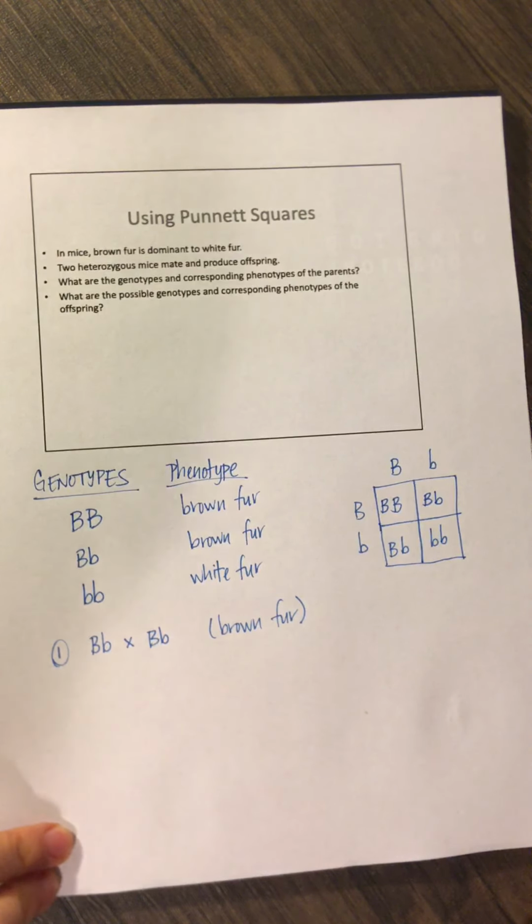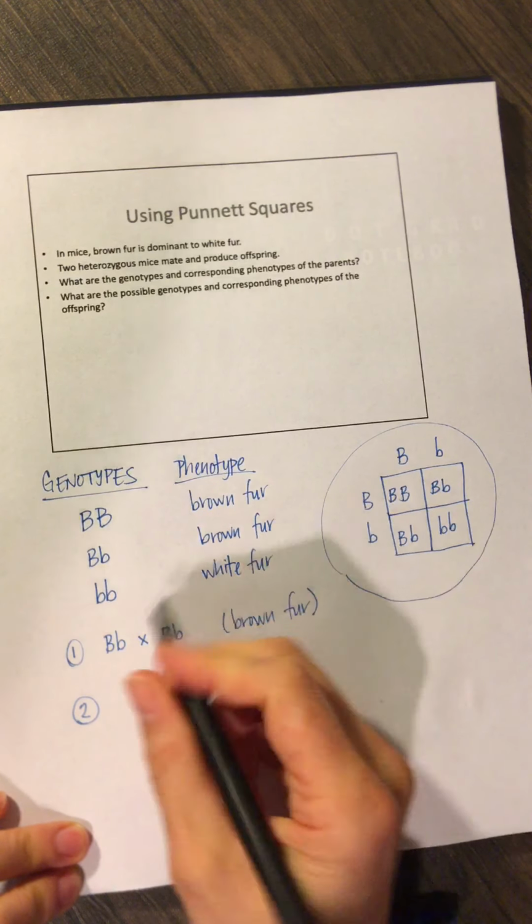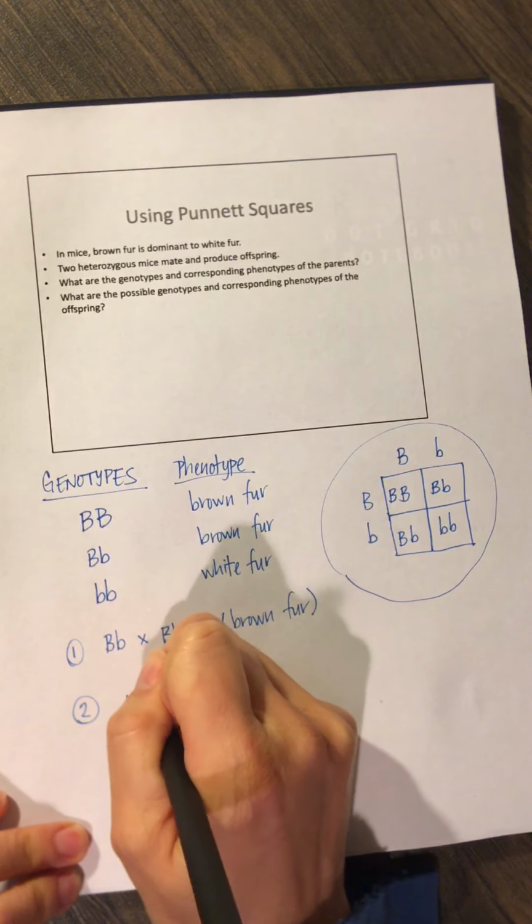So in terms of the genotypes, I see there is one homozygote dominant, I see there are 2 heterozygote combinations, and there is 1 quadrant here that is homozygous recessive. So that would be the genotypic ratio for the offspring.